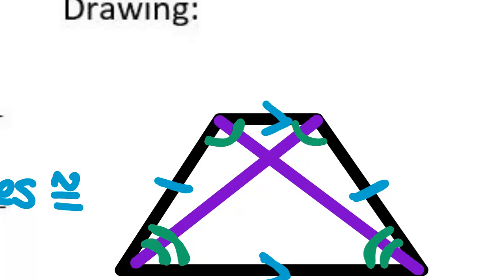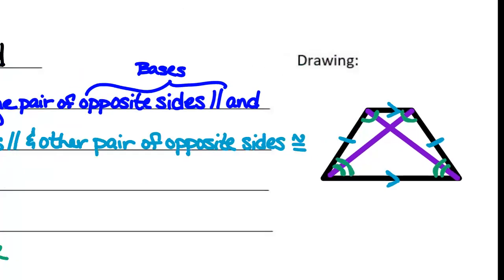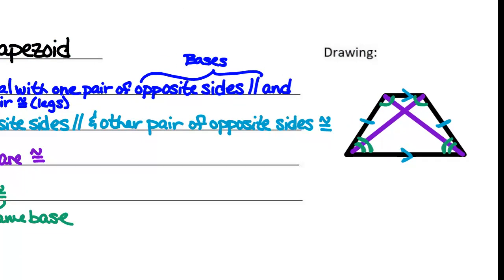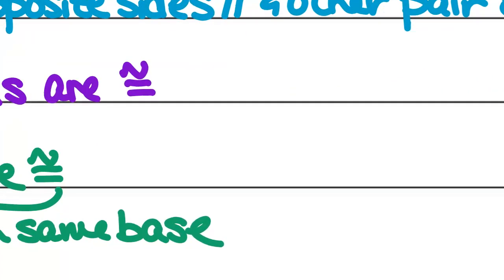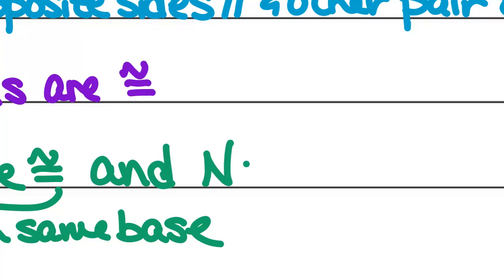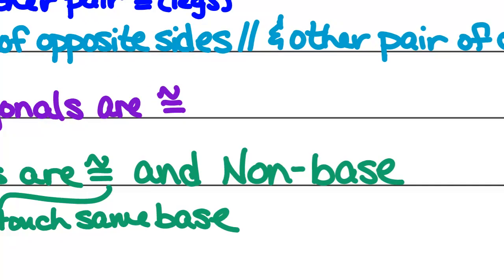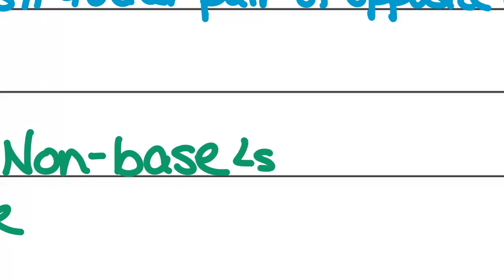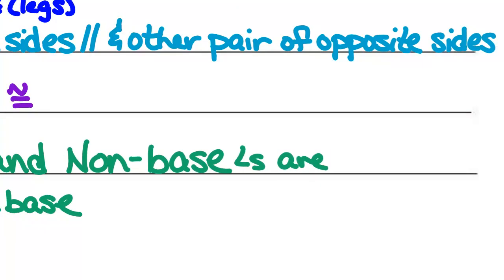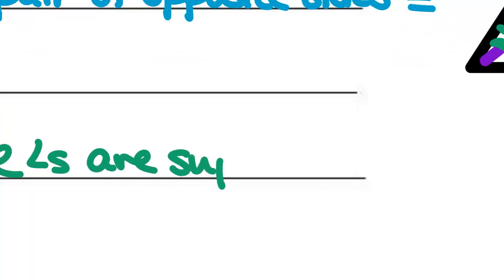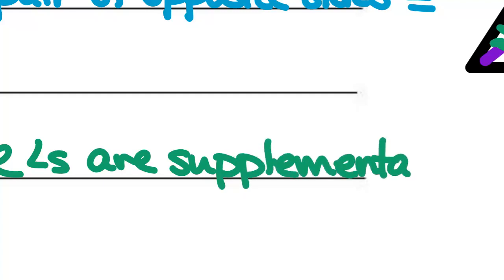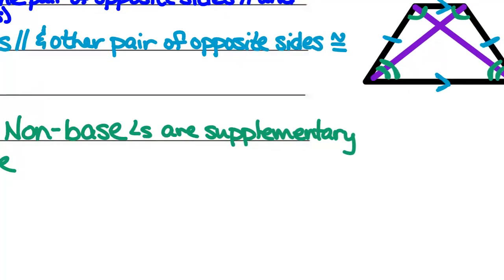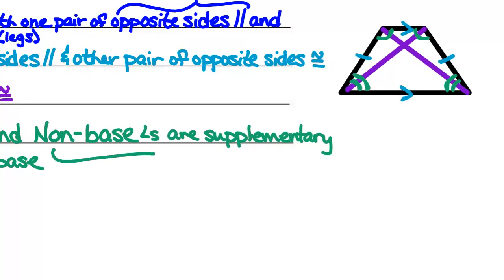And then up on the top of my trapezoid, those two angles on the top that are both touching the top base would be congruent. Non-base angles are supplementary. Non-base angles are angles that touch different bases.